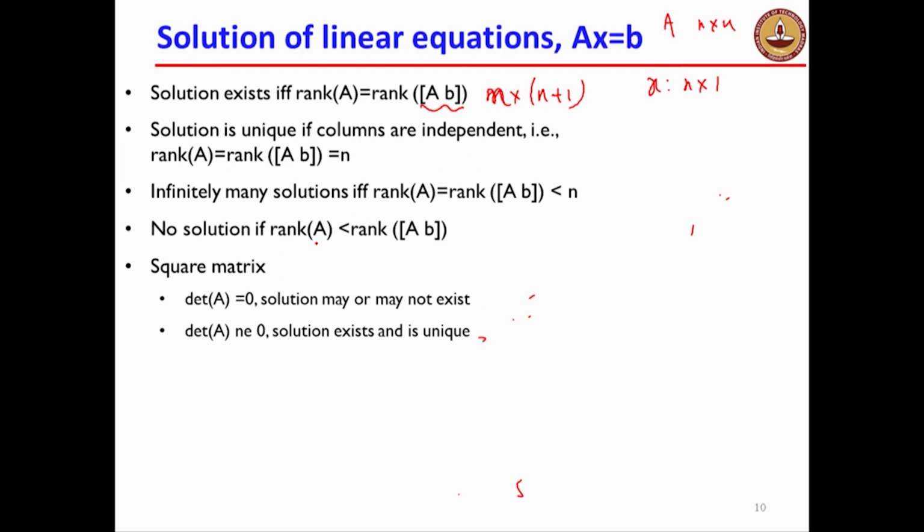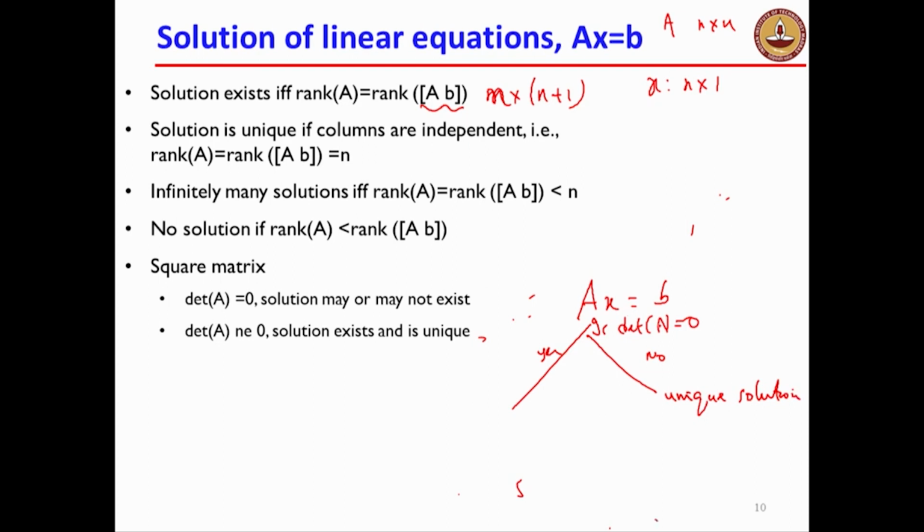If determinant is equal to 0, the solution may or may not exist. For Ax equal to b, I can also view this in terms of determinant. I can ask this question, is determinant equal to 0? Yes, no. If determinant is not equal to 0, unique solution.